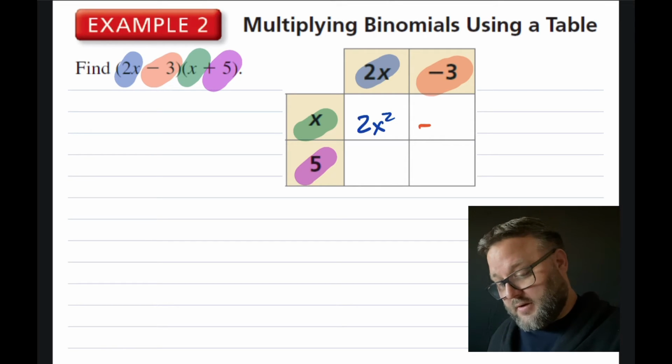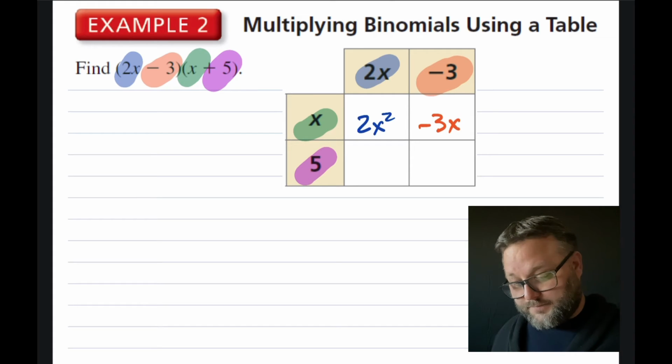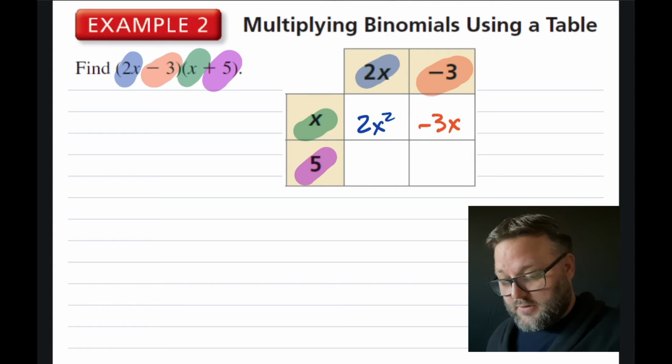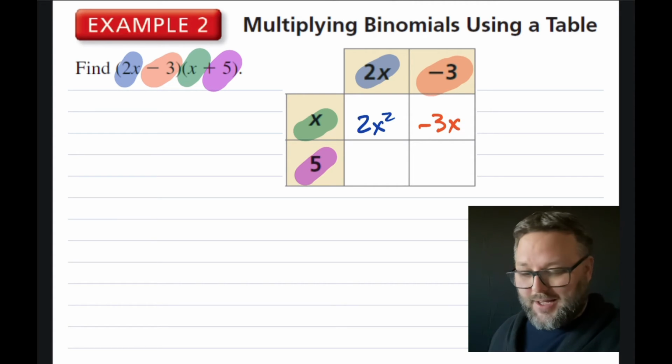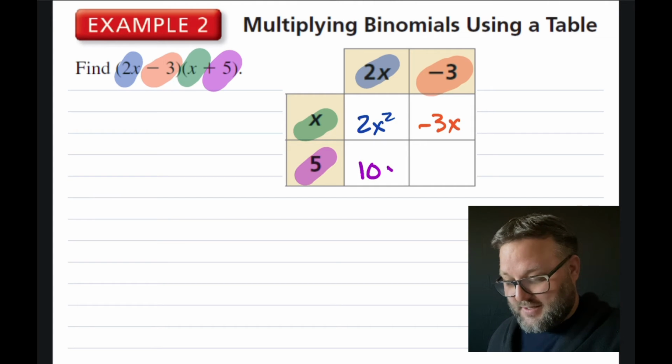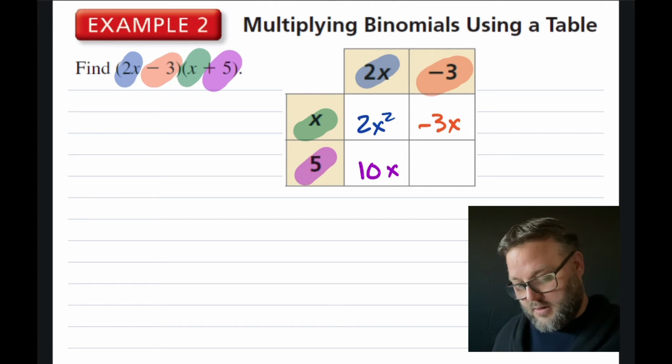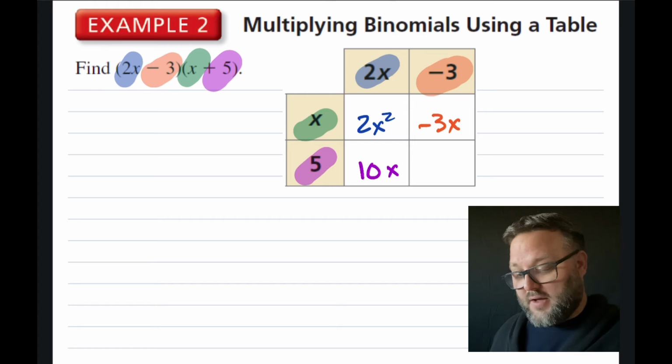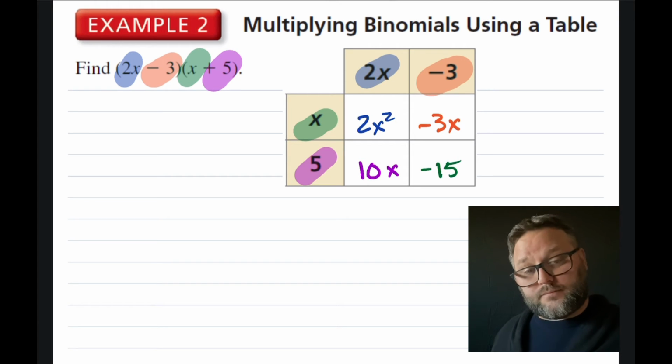That's just -3x. All right, at this point, I've got 5 times 2x, which gives us 10x. And now we have 5 times -3, which is -15.